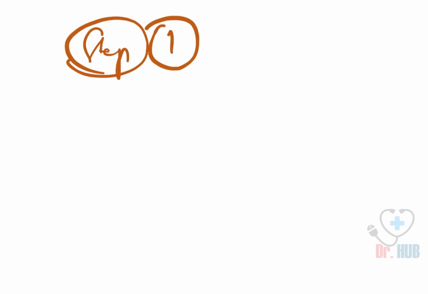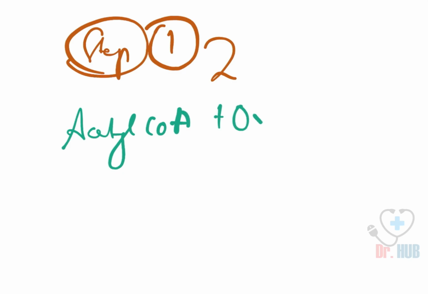Now going into all the individual steps. Step 1: there is the acetyl-CoA plus the oxaloacetate. This gives rise to the citrate.